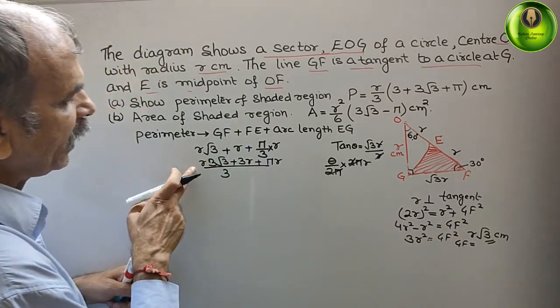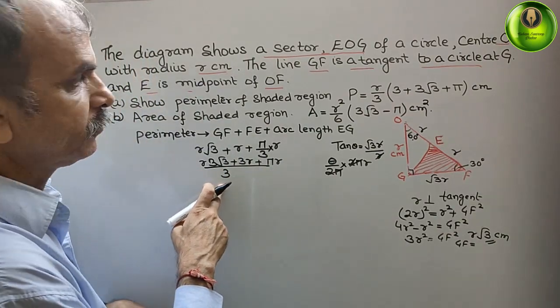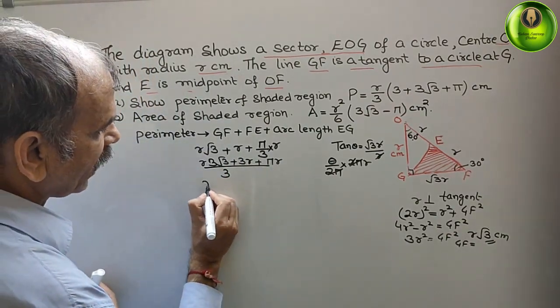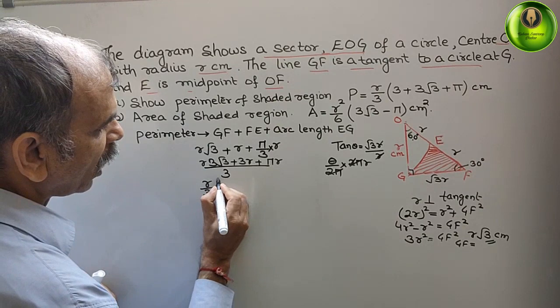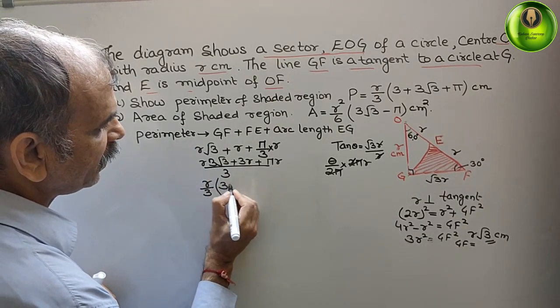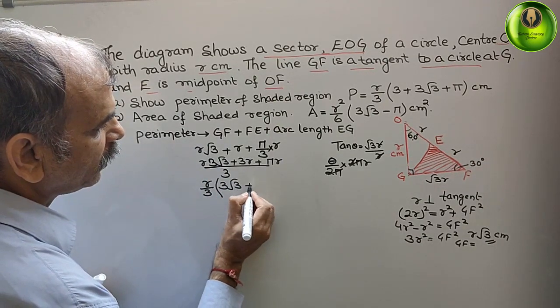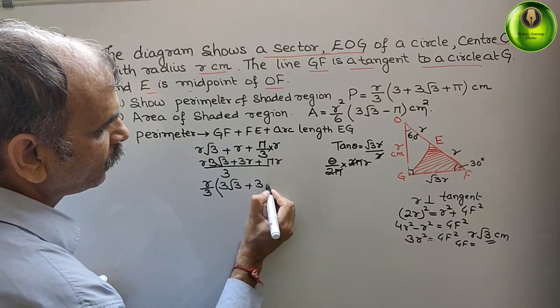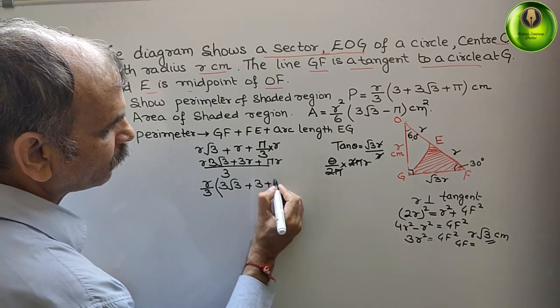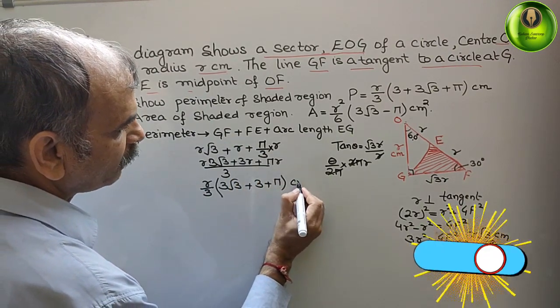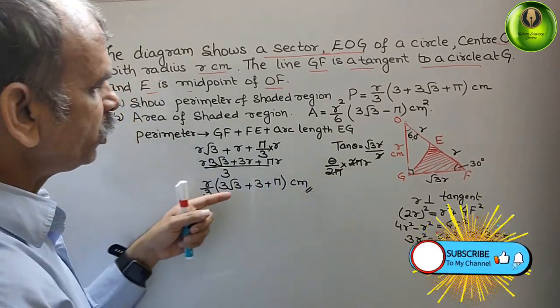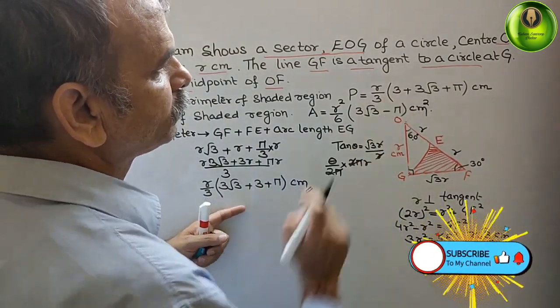So now we will take r by 3 common. So now what will you get here? 3 root 3, here you will get 3 and here you will get pi centimeter. So this only we have to prove.